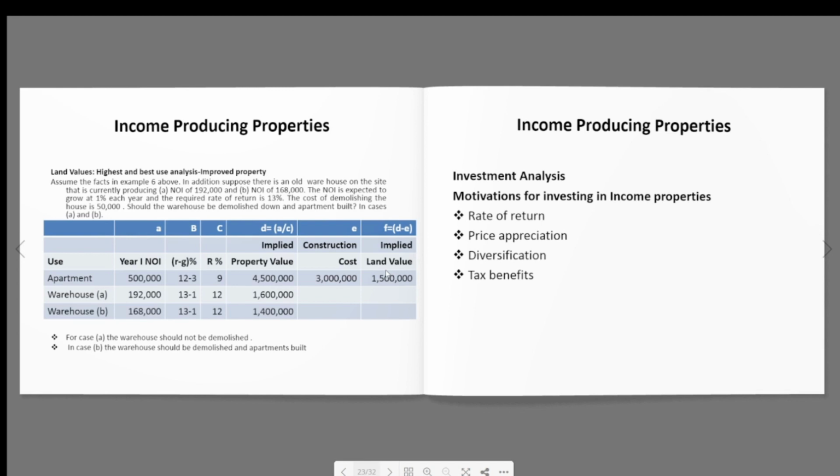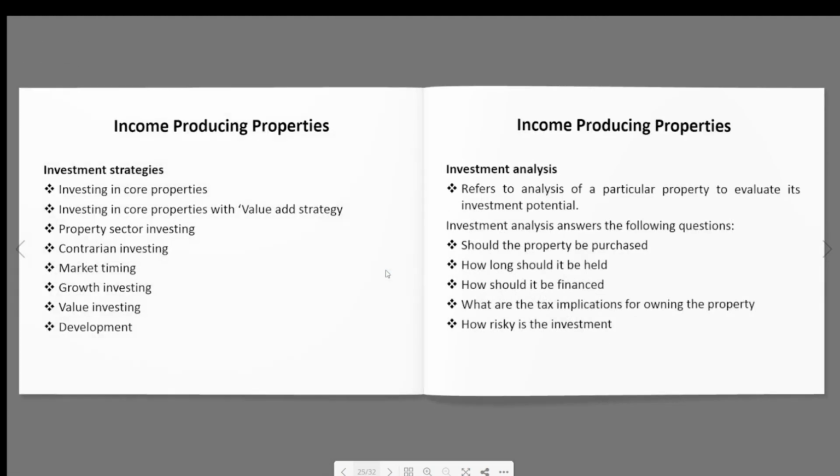So for investment analysis, these are the motivations for investing in income properties. First, look at the rate of return. We also look at price appreciation, diversification, or even tax benefits. There are different investment strategies.